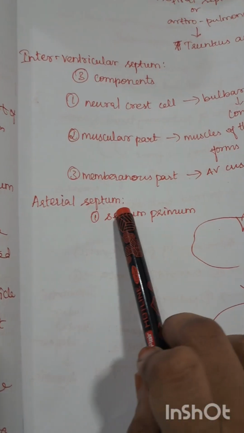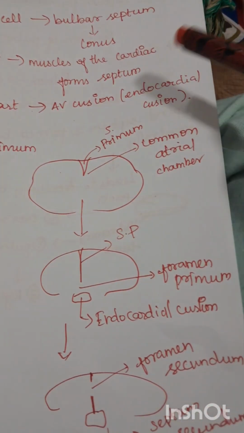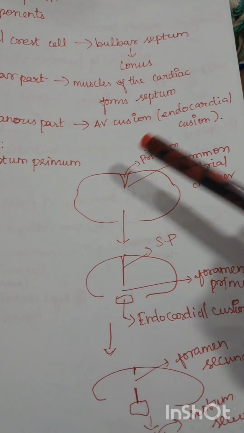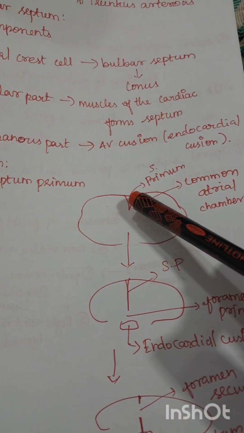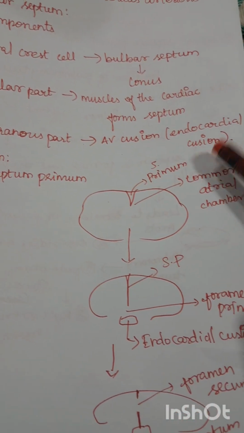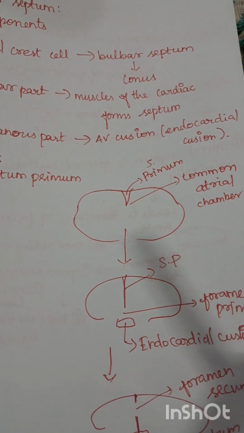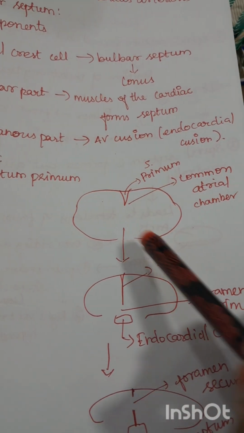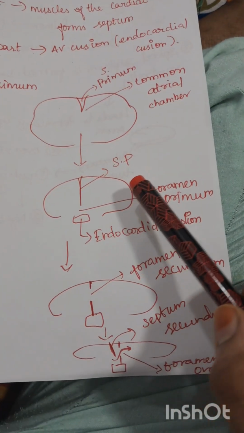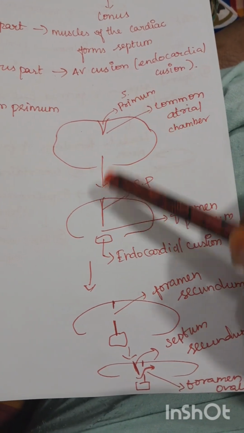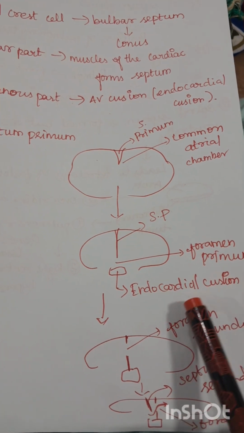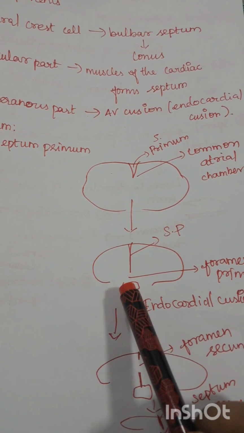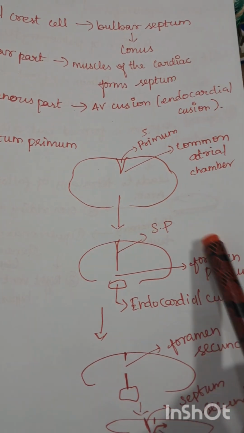The atrial septum is quite tricky. First, in the layer of the heart, the septum primum arises. Then this septum primum slowly moves towards the endocardial cushion. The gap between these two is known as the foramen primum.